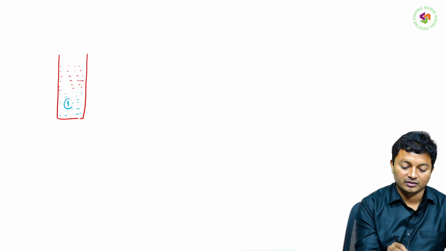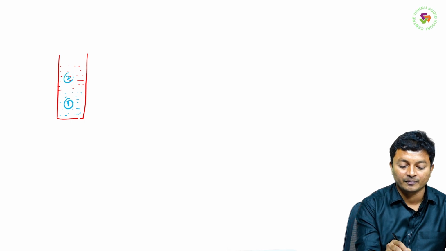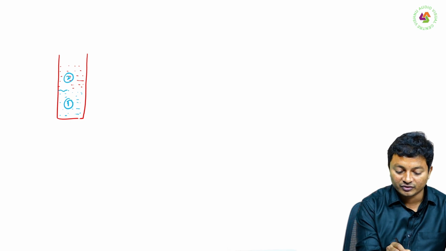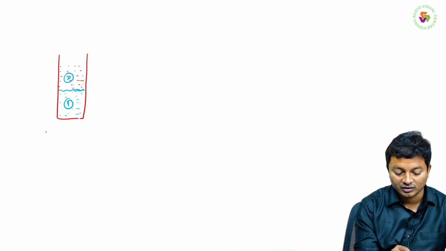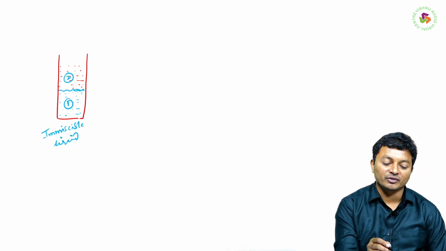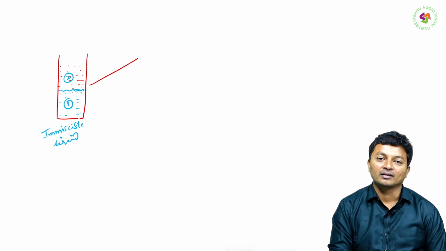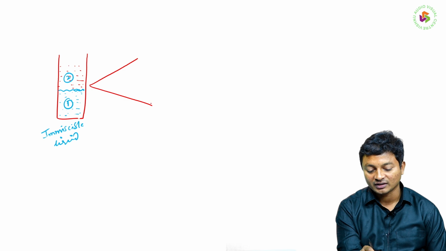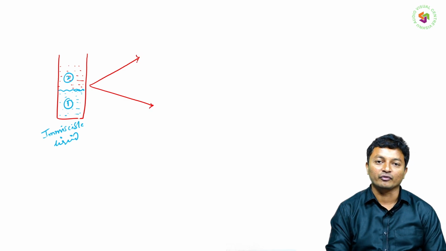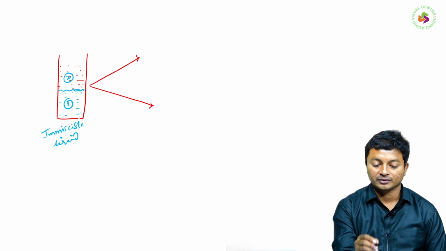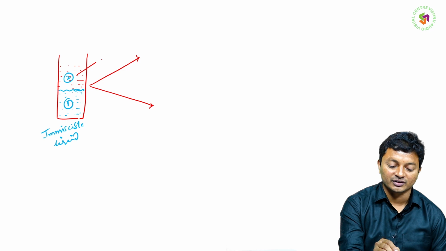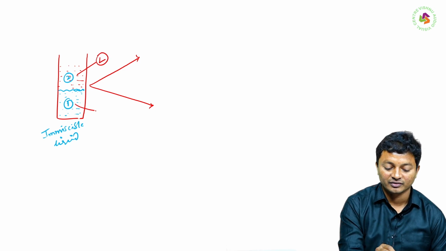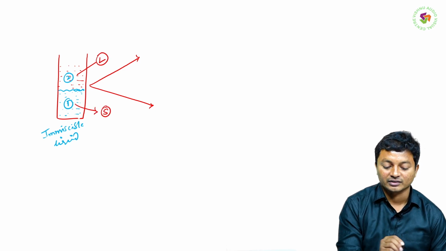This is the first sample, this is the second sample. These two are immiscible with each other. If we apply the adhesive force to these immiscible liquids, it will again divide into two portions. We can consider the second part as L and the first part as S.